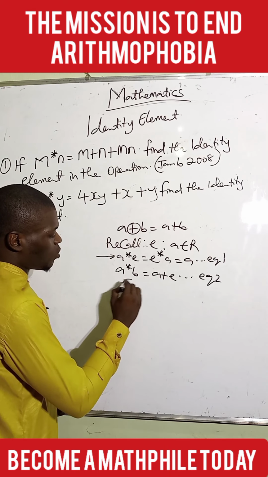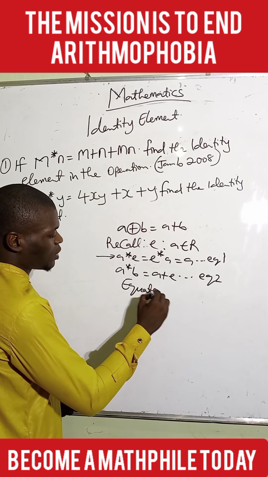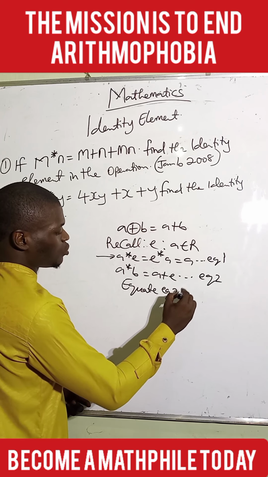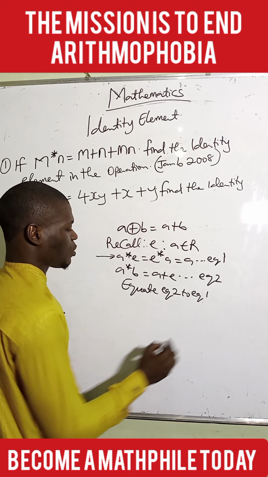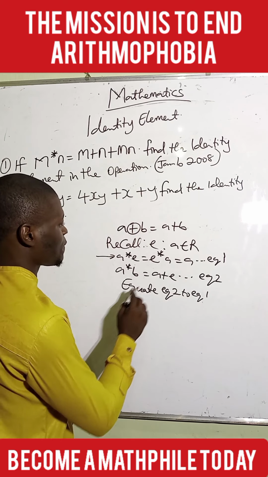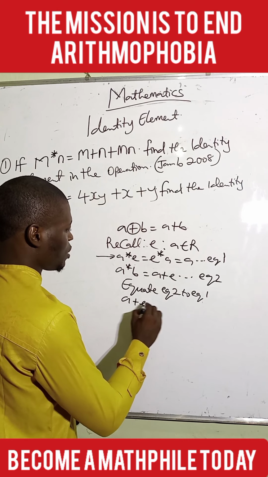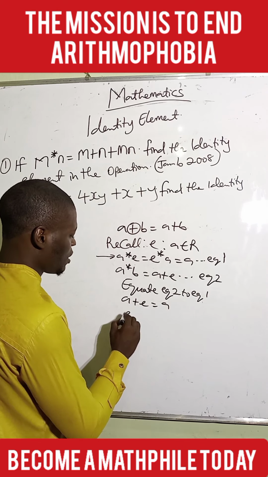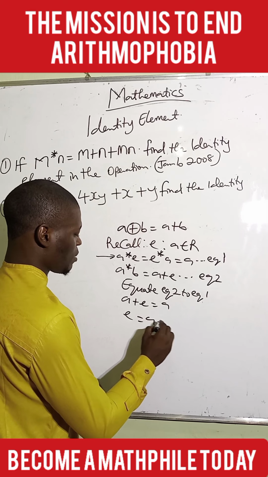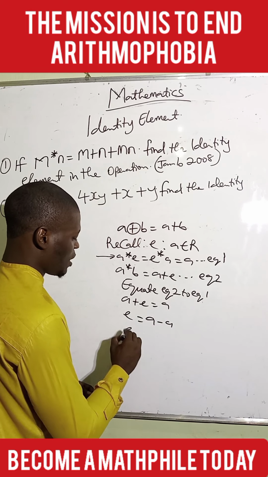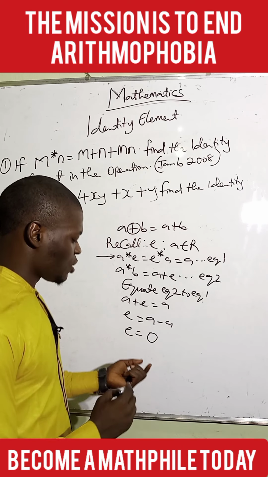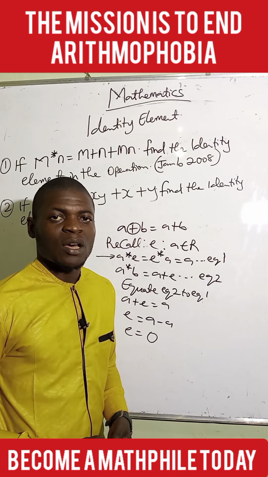We are now going to equate equation 2 to equation 1. We shall now have A plus E equal to A. Making E subject of the formula will give us A minus A, and E will now give us 0. This is the proof of identity under addition.